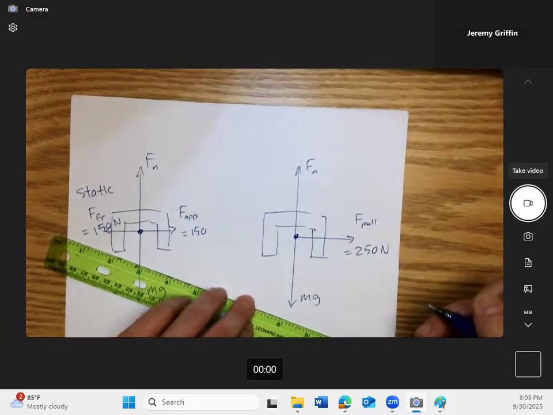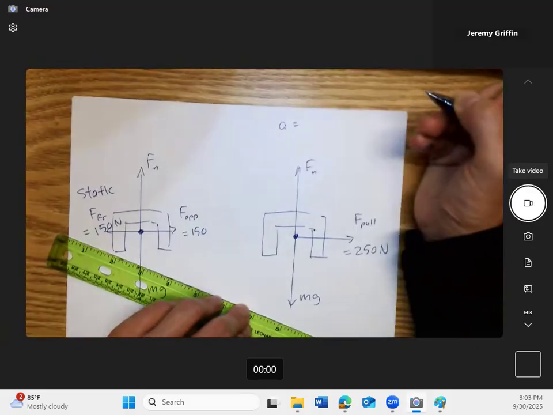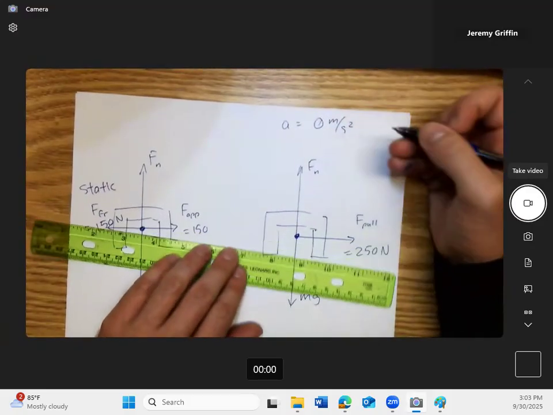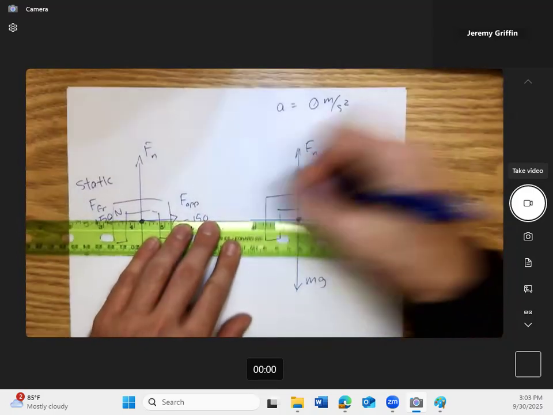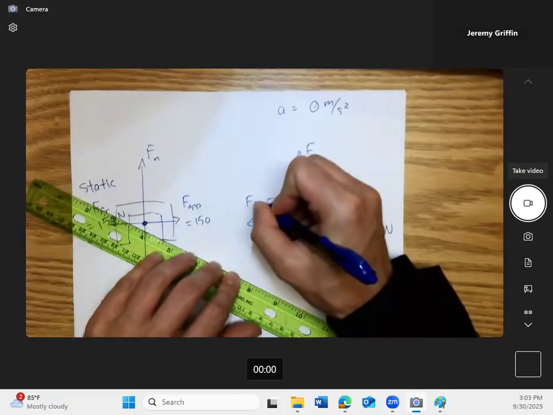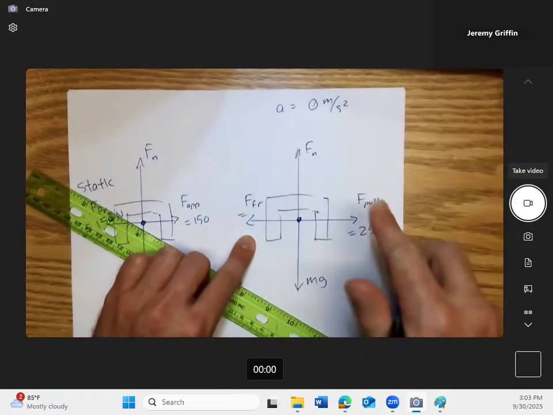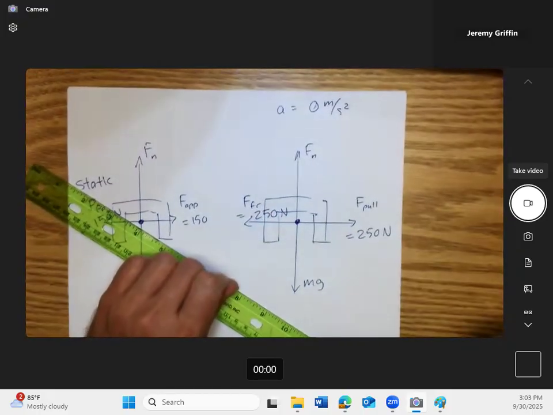It says the desk slides at constant velocity. What's the acceleration equal to? Zero meters per second squared, which means the net force must be zero, which means this friction force, Fr, must balance this one out. So it'll be 250 newtons. Is that true? Right, that's true.